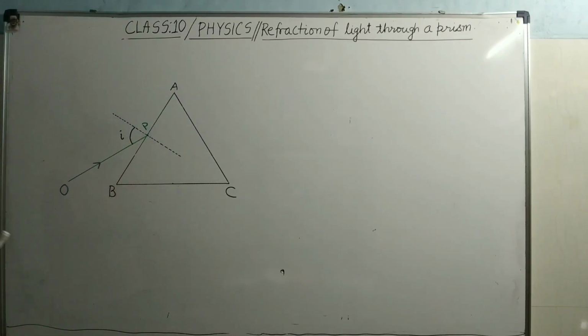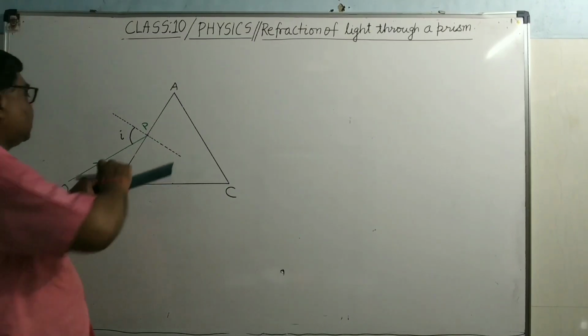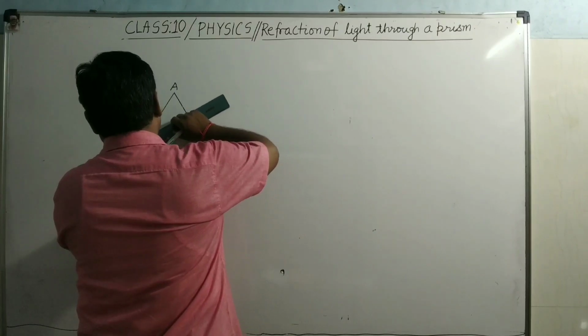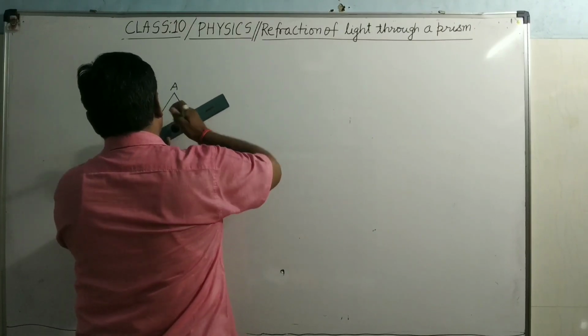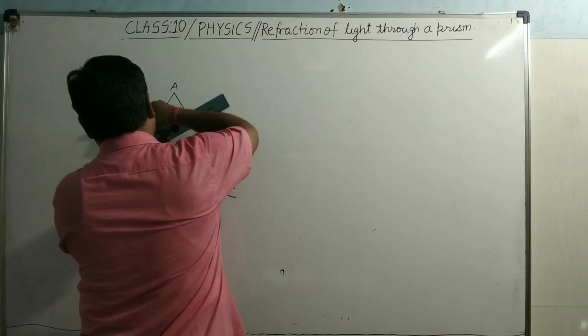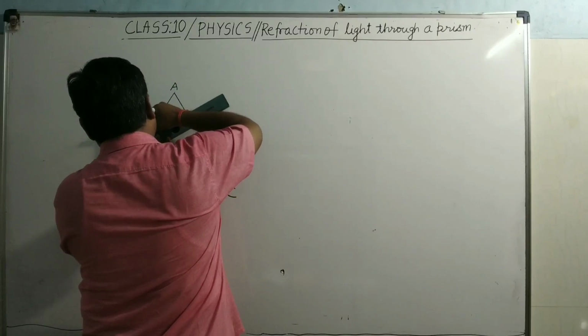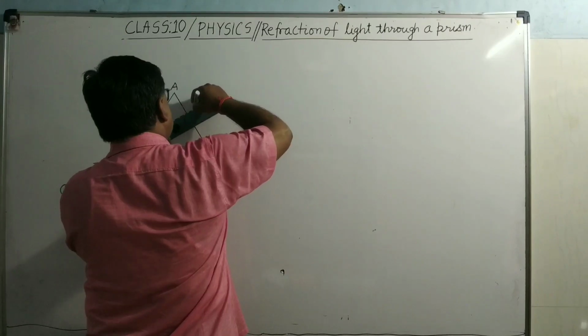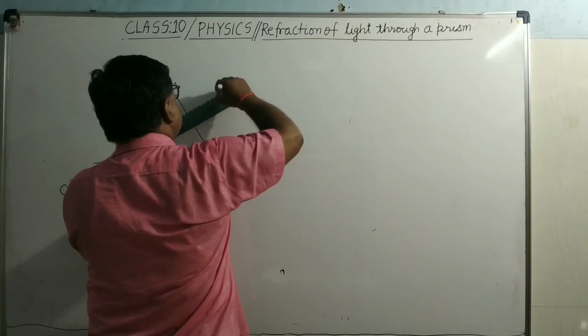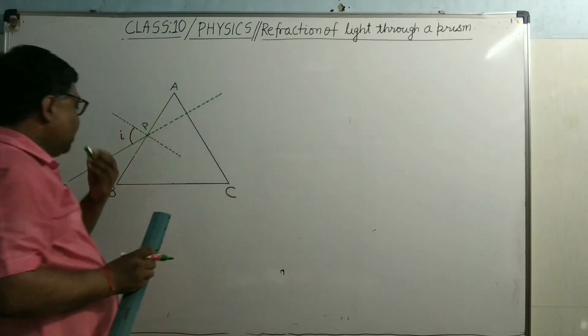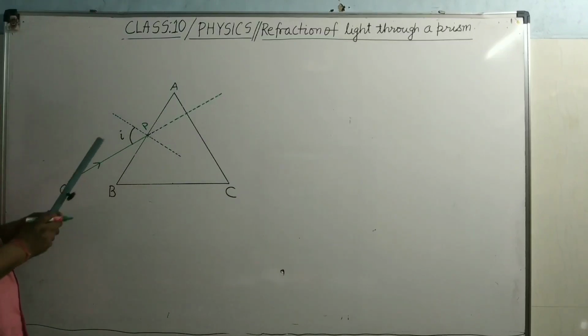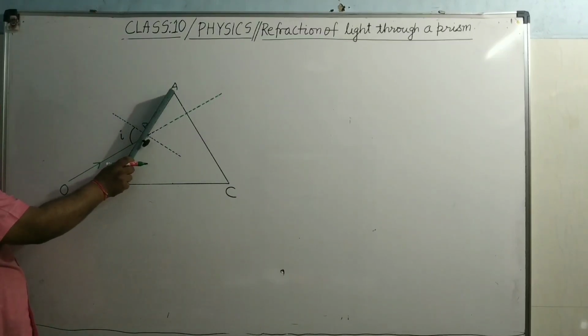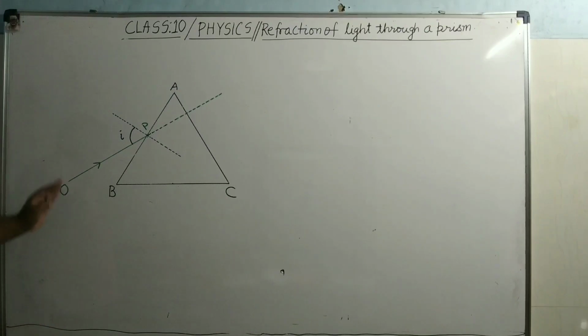What is the original direction of the incident ray? It will be this. If there were the same medium on either side of the surface AB, then it would have gone along this direction.